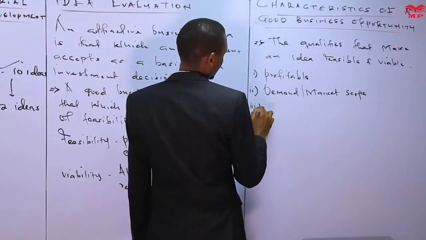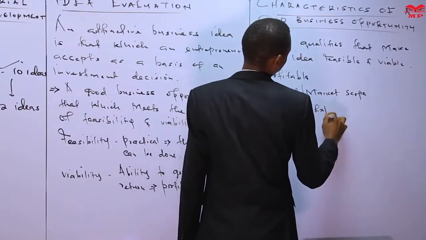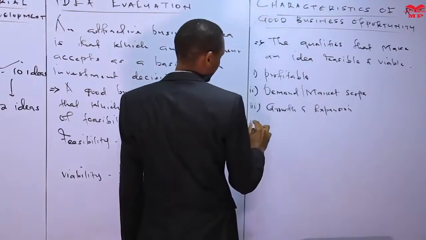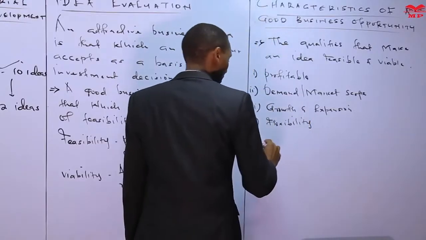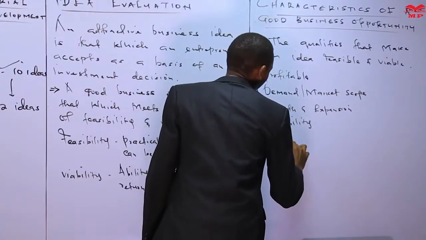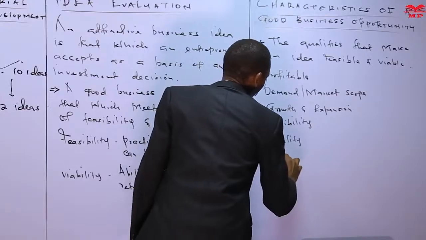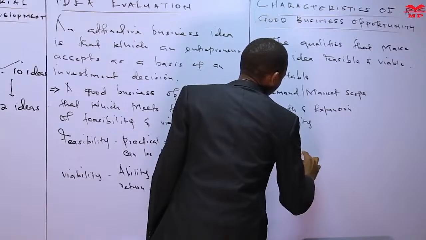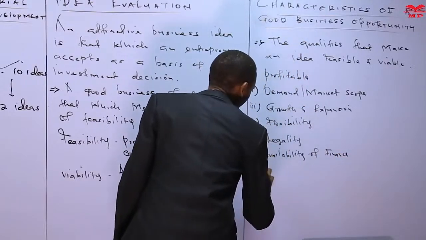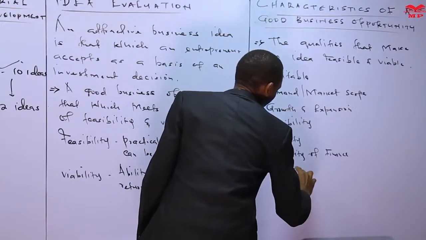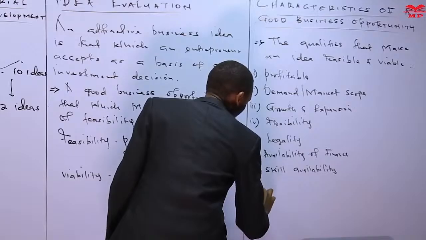The third one is growth and expansion, flexibility, we also have legality, followed by availability of finance, availability of skills, and resource availability.